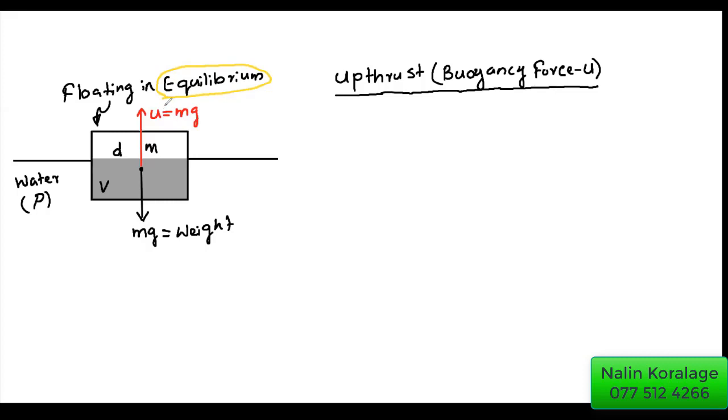Why should it be vertically upwards? In case one of your friends asks you why up thrust is always vertically upwards, why can't I mark that a little bit inclined, then you can answer, or just explain to him or her. If the up thrust is inclined, then what?